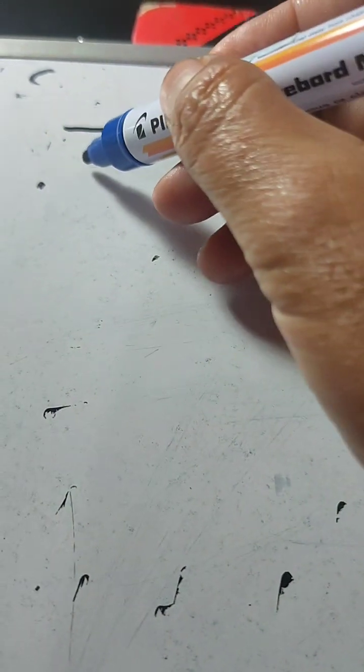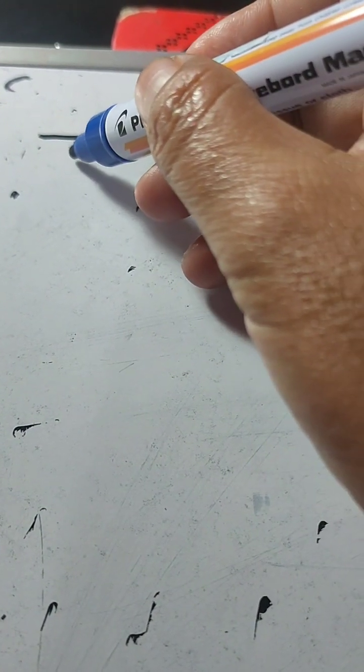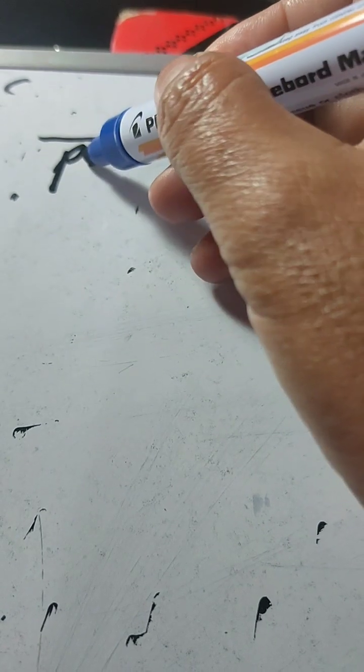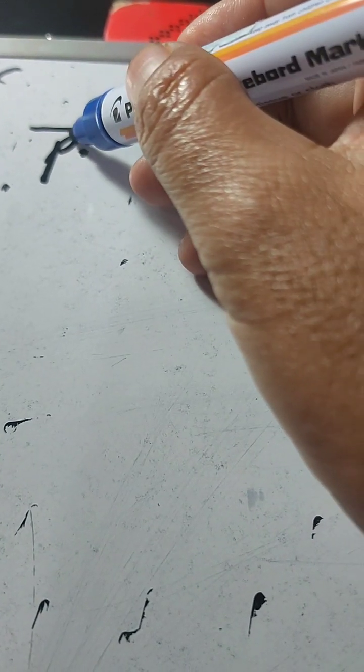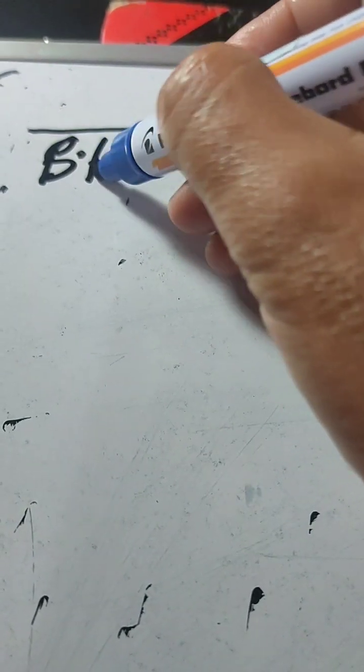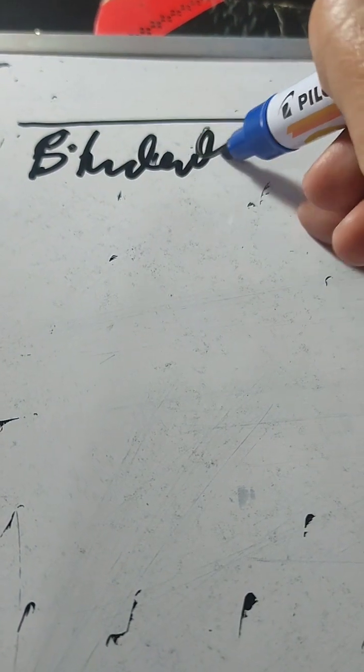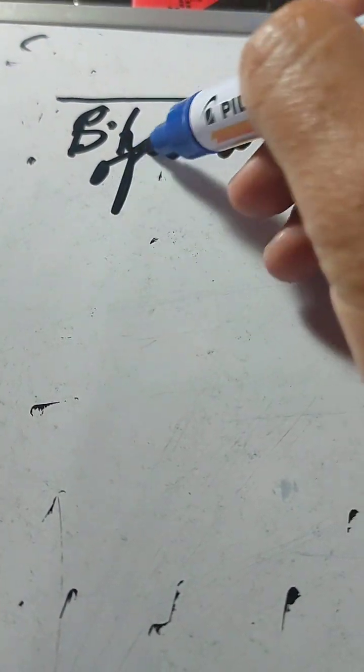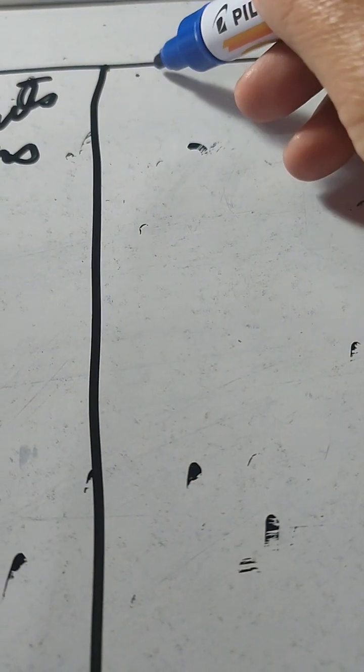Drawing the table, we have here the students, or officers. We call them officers. Then we have the positions.